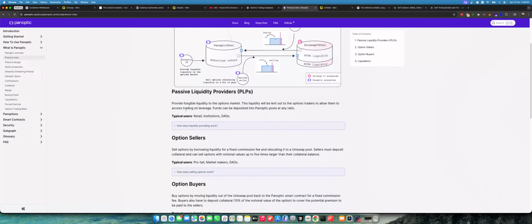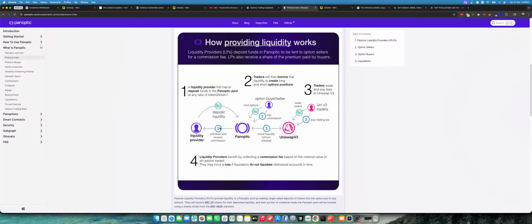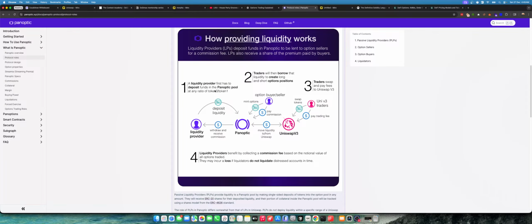Passive liquidity providers provide liquidity. Then the option traders access trading and leverage. First, deposit the token. Traders will then borrow that liquidity to create long and short positions, and pay fees.